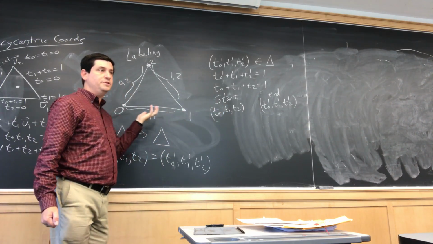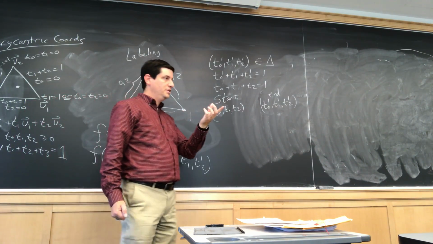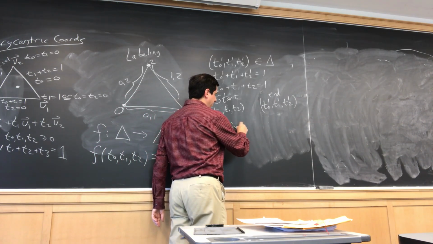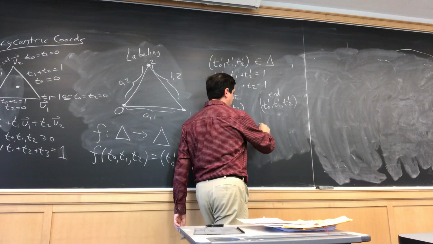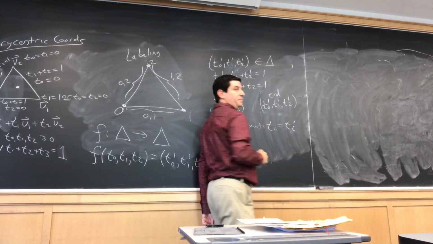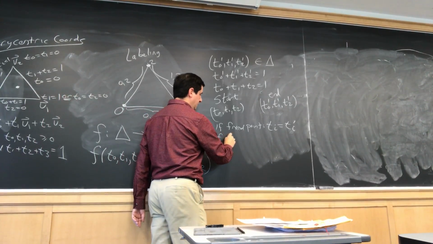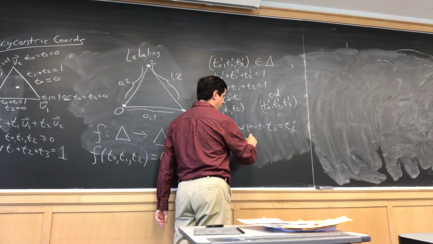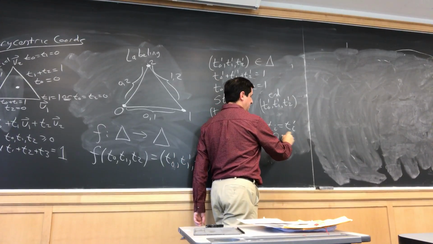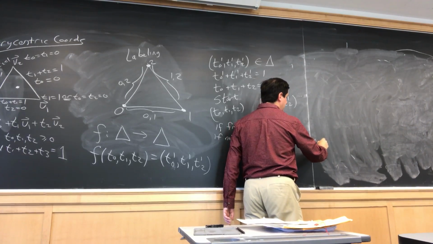If it's a fixed point, Ti has to be Ti prime. If not a fixed point, there exists an i such that Ti does not equal Ti prime.